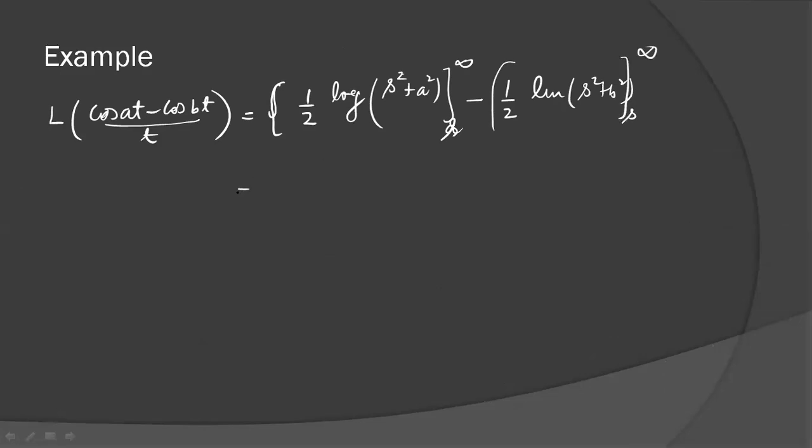The limits are the same, so we can write it like this also: 1 over 2 [log(s square plus a square) minus log(s square plus b square)] from s to infinity.